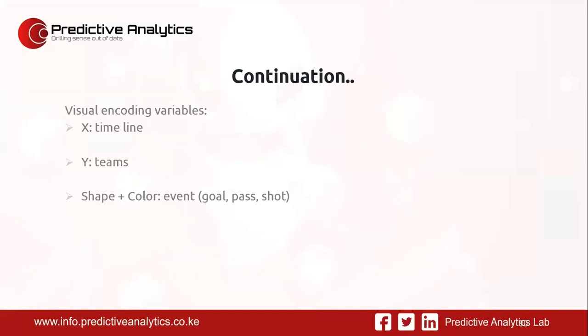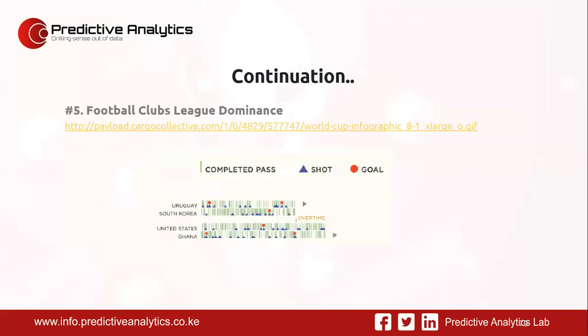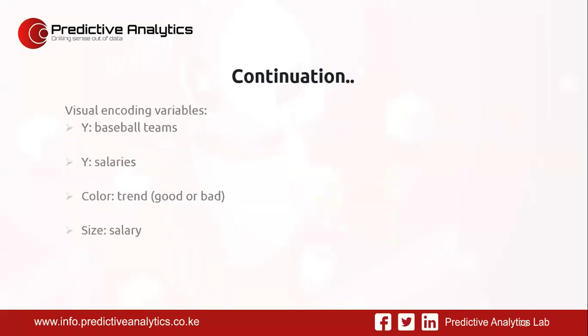We have Y as teams, and then shape and color, we have event. So that is goal, pass, and shot. This is an example where shape has been used as a visual encoding variable. So we've looked at examples of the visual encoding variables. As we continue with the lesson, maybe you can also continue digesting.